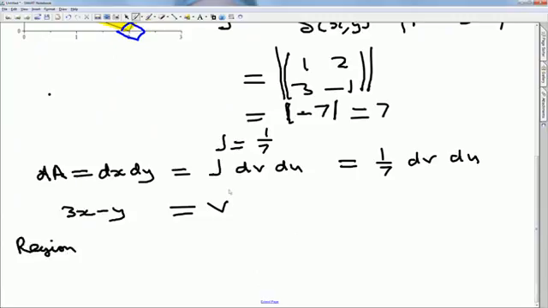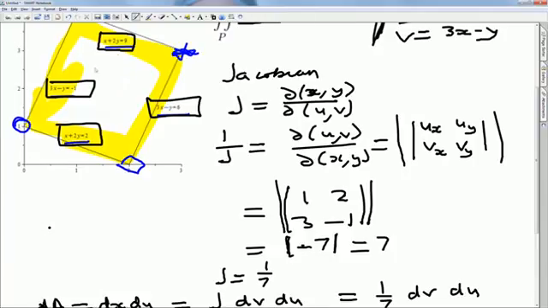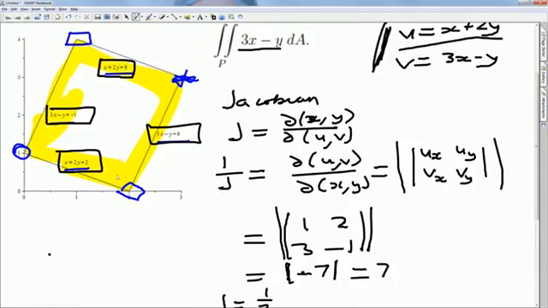Next we change the limits, essentially the region of integration. The old region of integration was this parallelogram. Instead of focusing on the points, we can just focus on the sides. This side here, x plus 2y equal to u, so it's u equals 2. This one becomes u equals 9. The 3x minus y is just v, so this becomes v equals 6, and this one here becomes v equals -1.